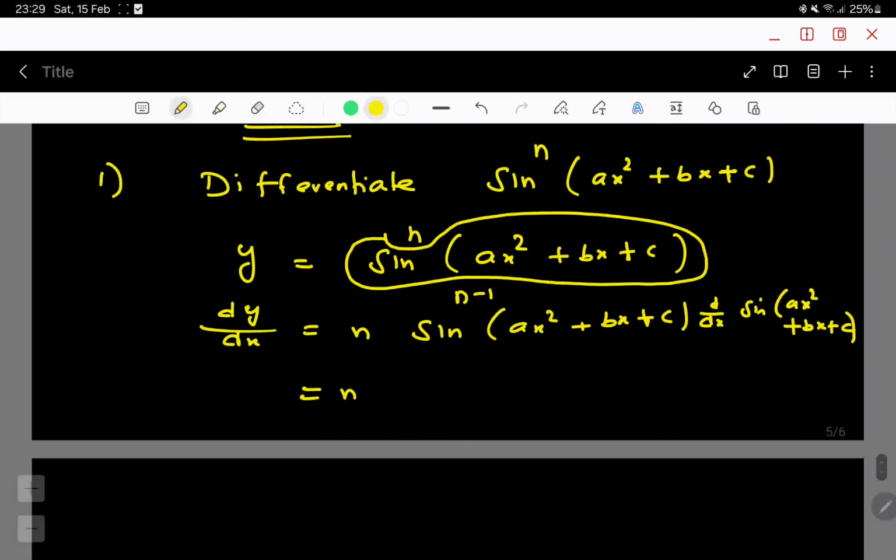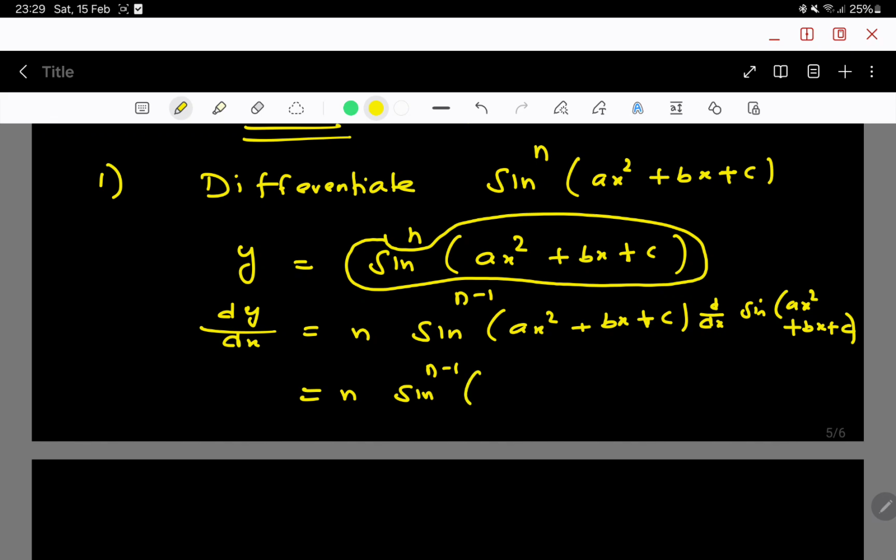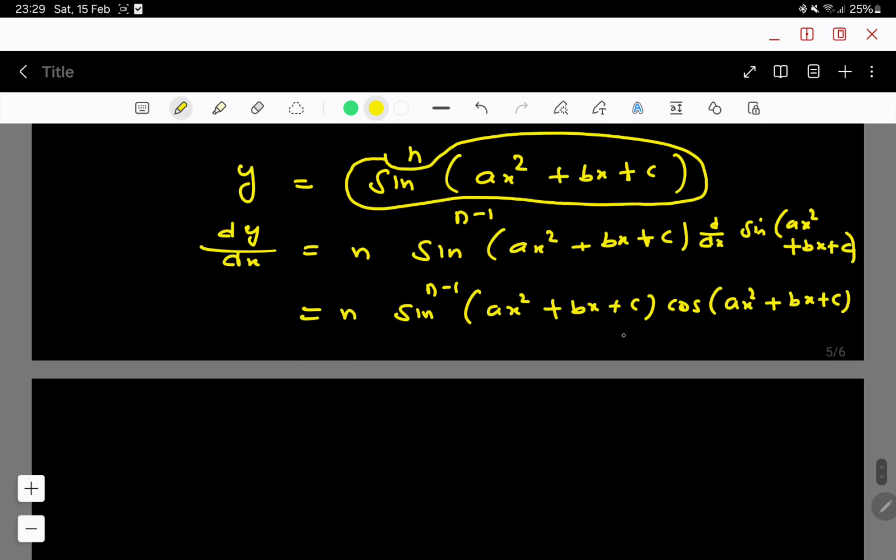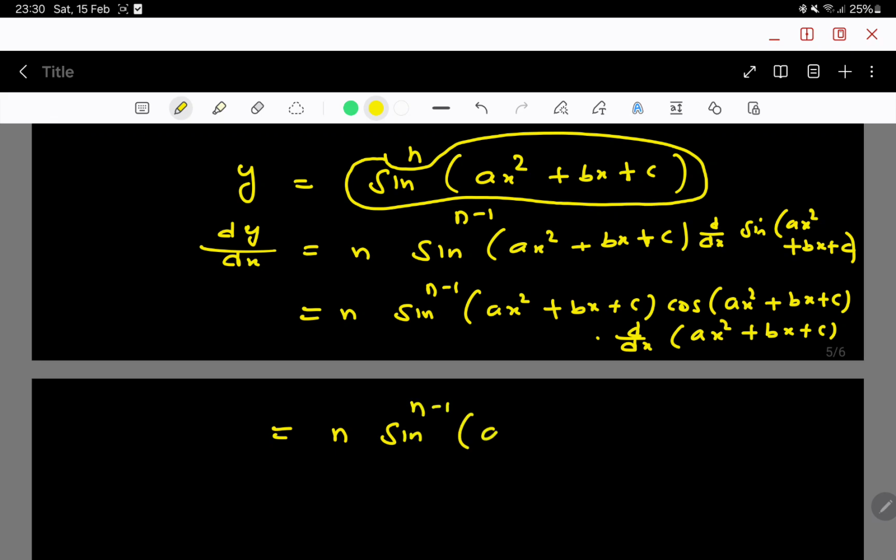So n into sine power n minus 1 of ax square plus bx plus c, cos of ax square plus bx plus c, into differentiation of ax square plus bx plus c: differentiation of ax square is 2ax, d by dx of bx is b, d by dx of c is 0.